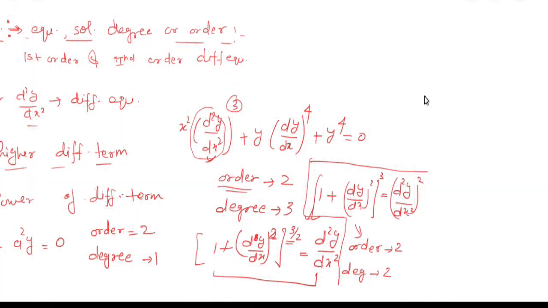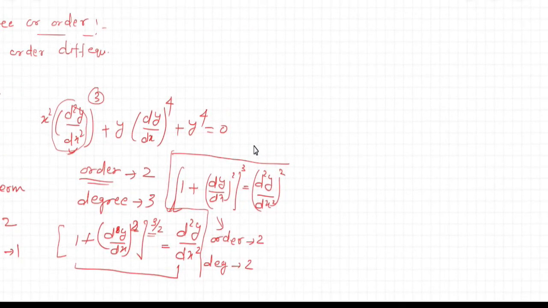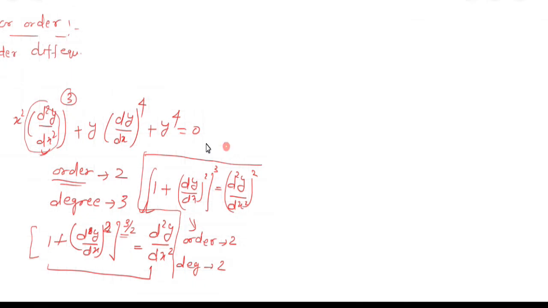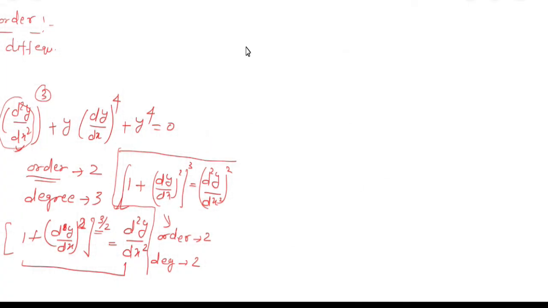By using this method you can know the order and the degree of an equation. One thing to remember is that the power must not be a fraction. If the power is a fraction, you must remove the fractional part of that power, and then you can define the degree and order of that equation.